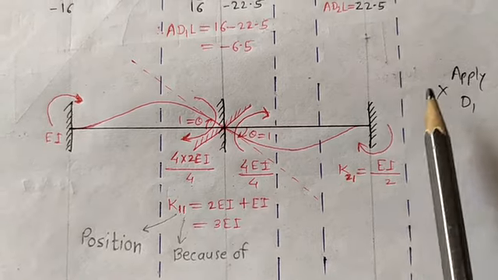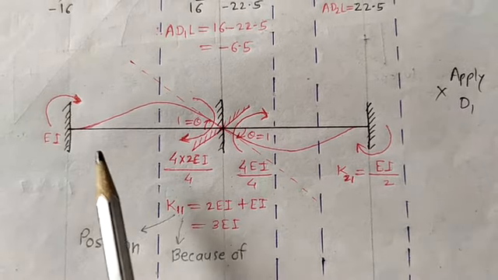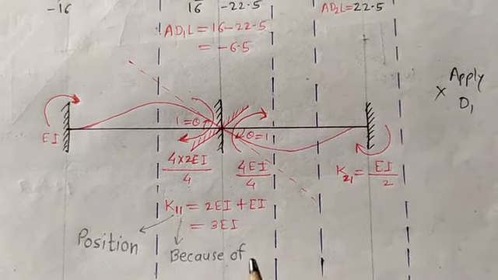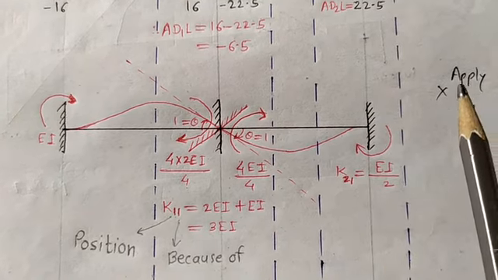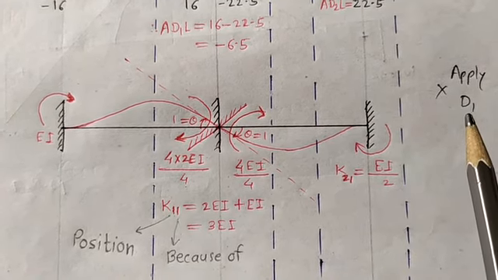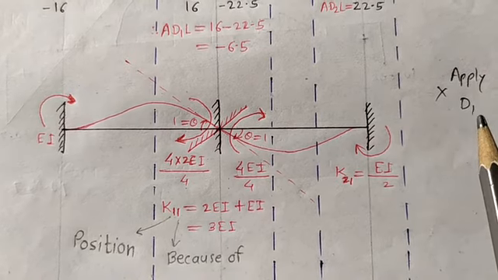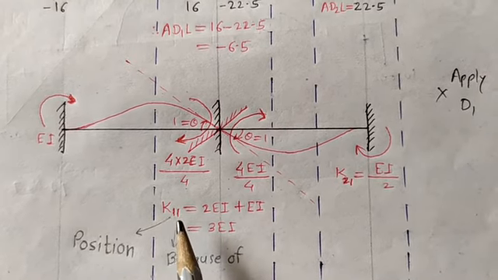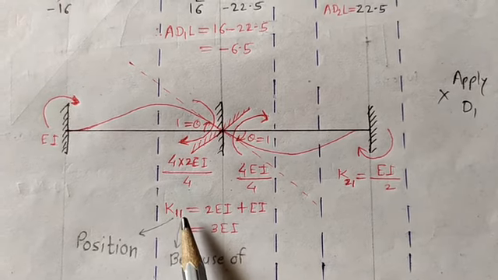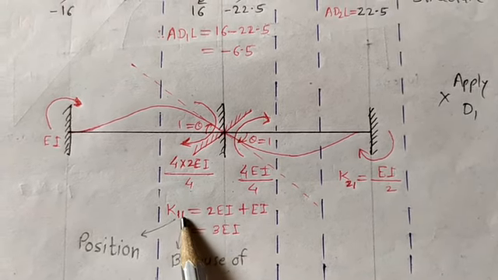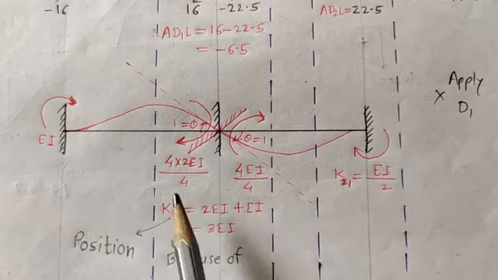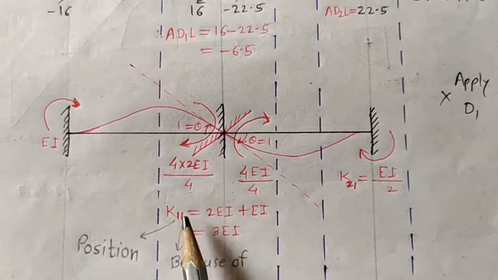This total diagram is drawn because of application of D1. That's why the second alphabet here always will be 1, because this diagram is drawn because of application of 1.